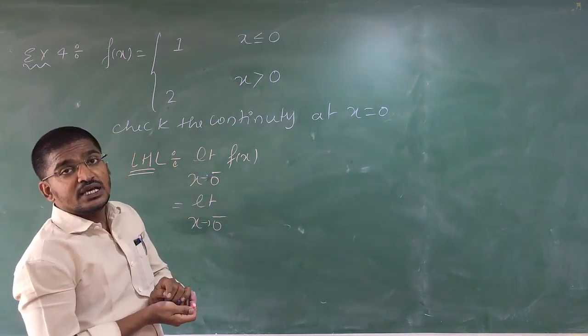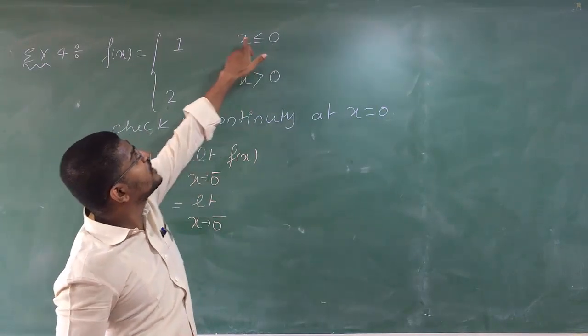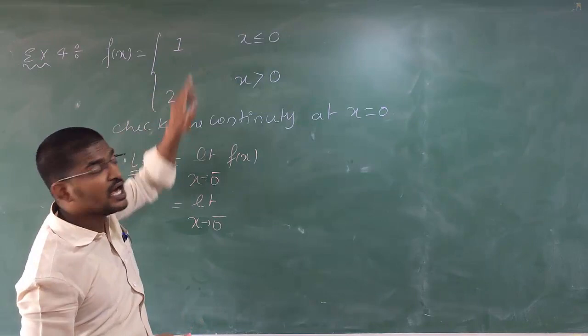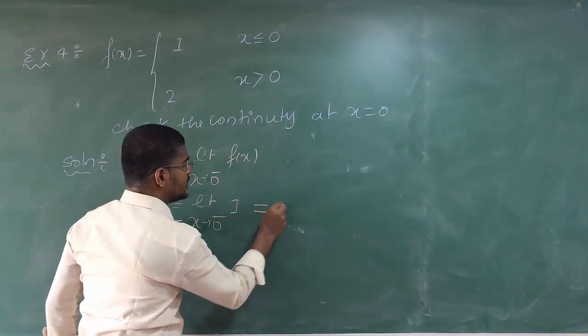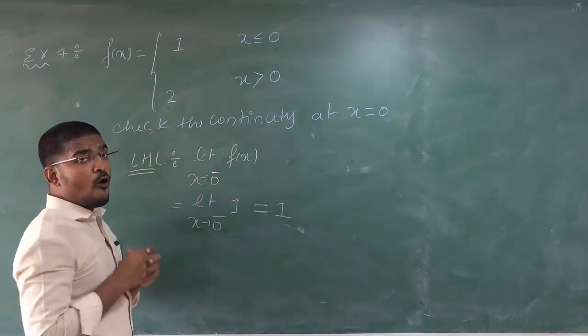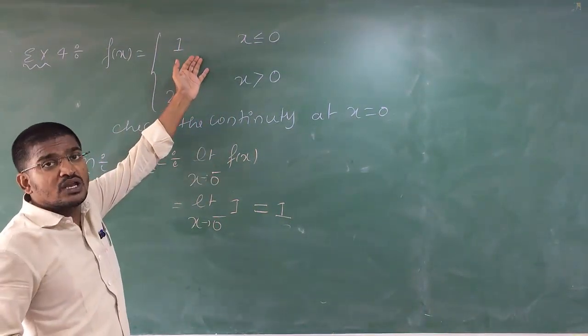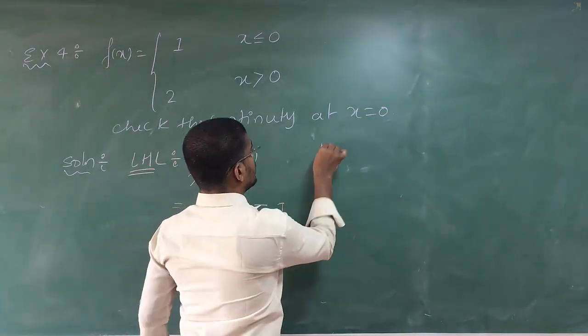LHL is left hand side of 0. If this is 0, left hand side of 0, that is what? 1. Clear? So f of x is 1. So your answer will be 1 for all the numbers lesser than 0. Clear? Next, let us go for RHL.